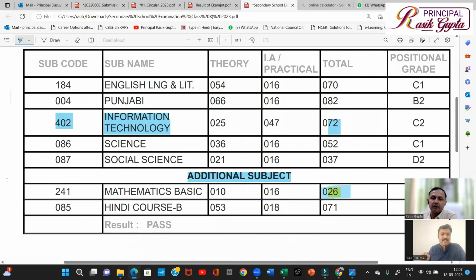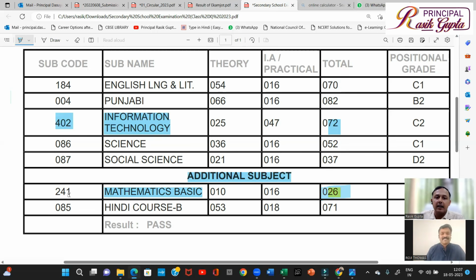Yes, the student has failed in mathematics, and in that case, mathematics is replaced by information technology. It's a lottery for the student, but now mathematics will not be considered as a subject for that student in class 10.